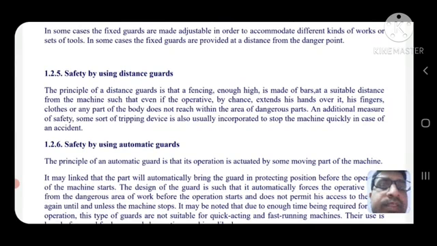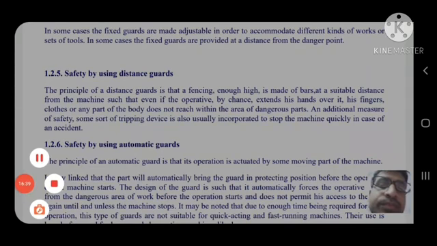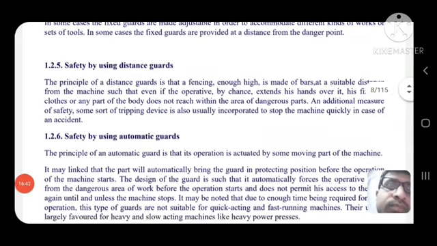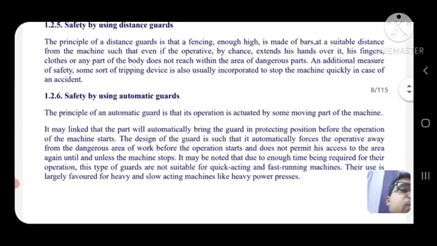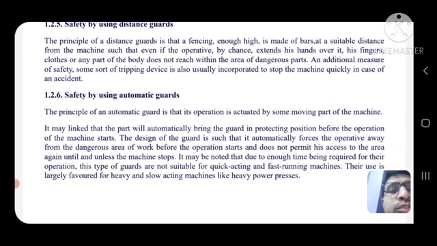Safety by using distance guard. The principle of a distance guard is that a fencing, high enough, is made of bars at a suitable distance from the machine such that even if the operative by chance extends his hands over it, his fingers, clothes, or any part of the body do not reach within the area of the dangerous parts.